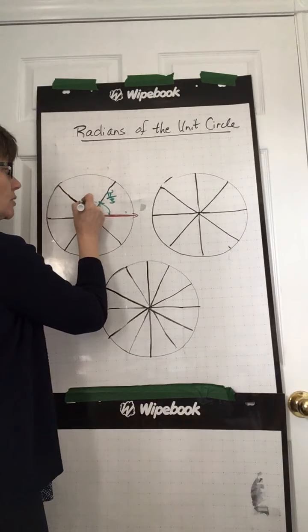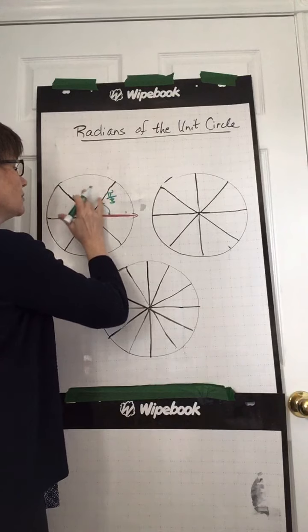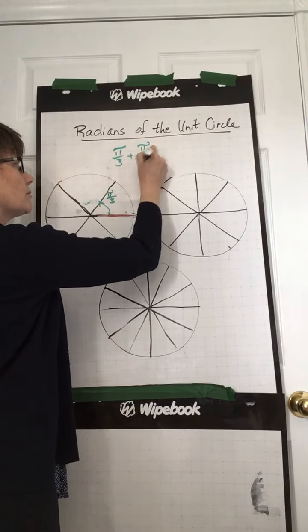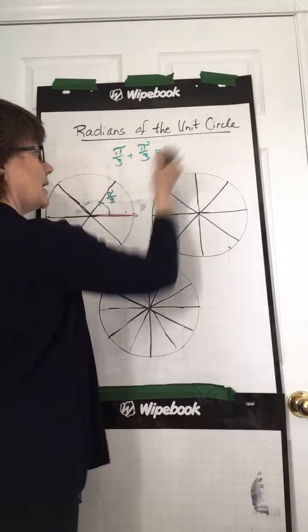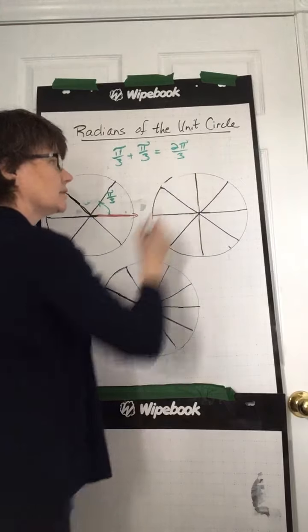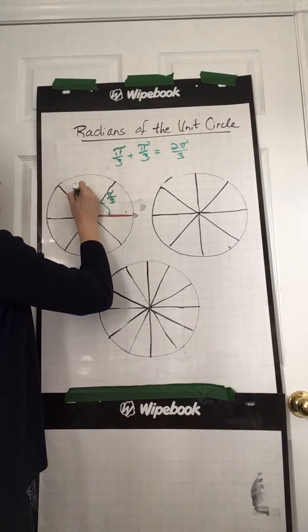This angle here is also pi over 3. So we can add pi over 3 to pi over 3. Pi over 3 plus pi over 3 equals, adding fractions, add the numerators, keep your denominator as long as it's a common denominator. That's 2 pi over 3. Okay, so 2 pi over 3.